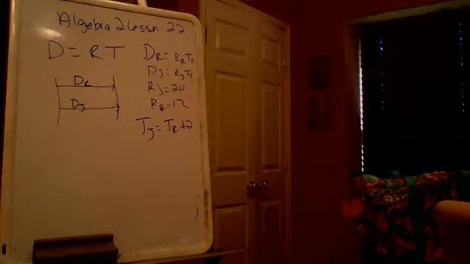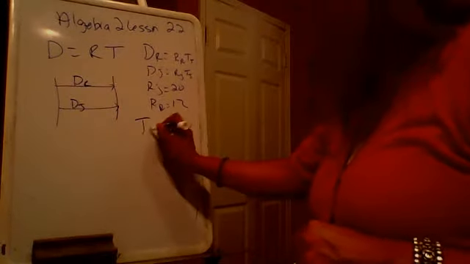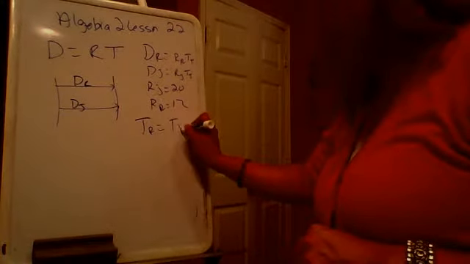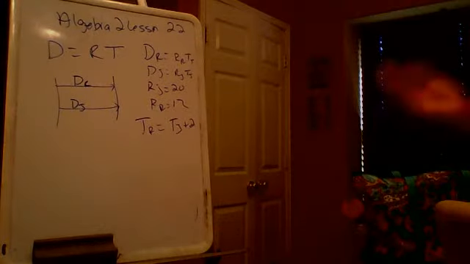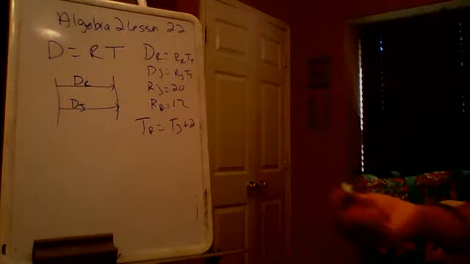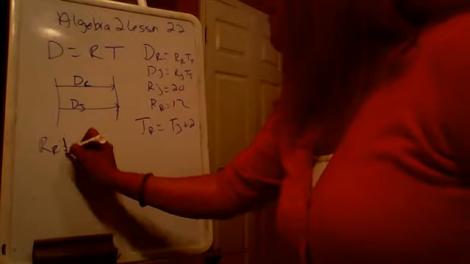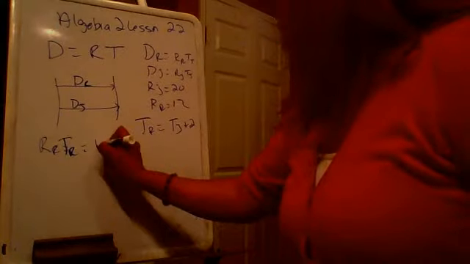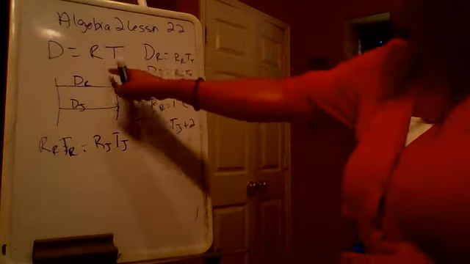Oh, no, we said her time is less, so it's minus 2, or we could say time of Roger is equal to time of Judy plus 2. Because her time was 2 hours less. She would add 2 hours to her time to get the time of Roger's. So now we know that R of R times T of R is equal to R of J times T of J, right? Because the two distances are equal.